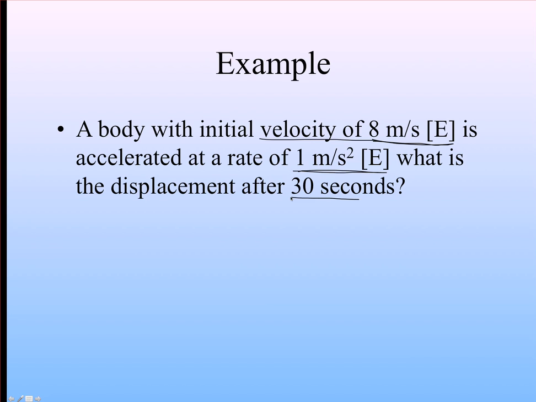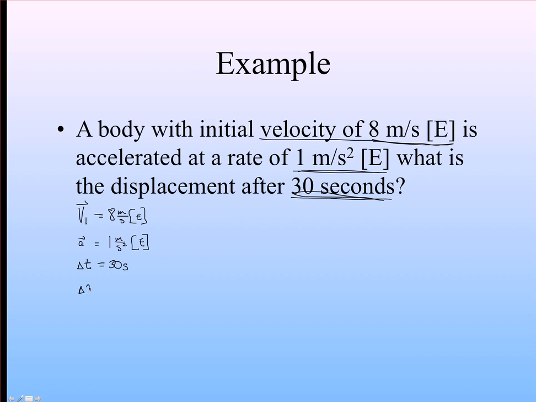So we'll use v1 for initial velocity, 8 meters per second east. We have an acceleration of 1 meter per second squared east, and we have a delta t of 30 seconds. We're looking for a displacement.